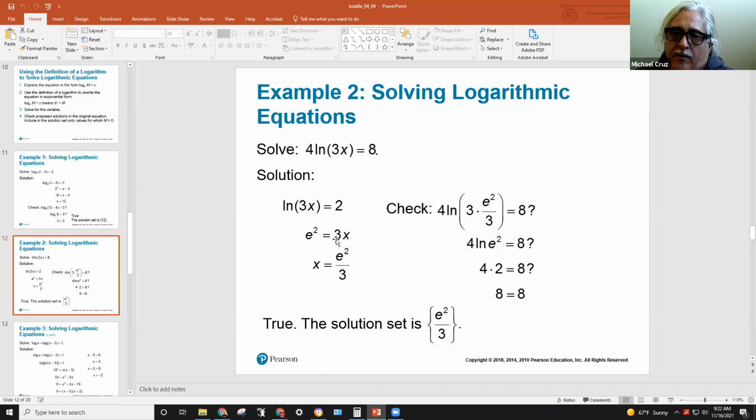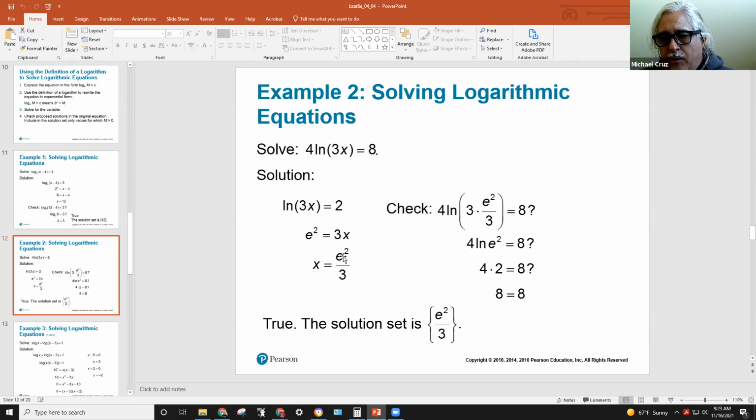All right, now since we've got it established as a log equal to something, then this is going to be our power, and the base is e for the natural logarithm. So e squared is equal to 3x. Then to solve for x, we just divide both sides by 3.